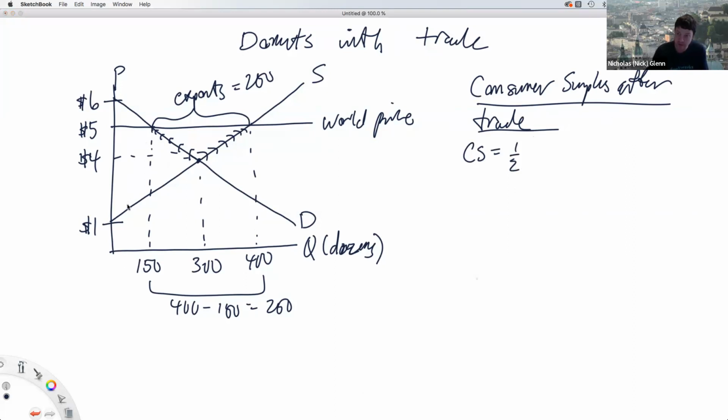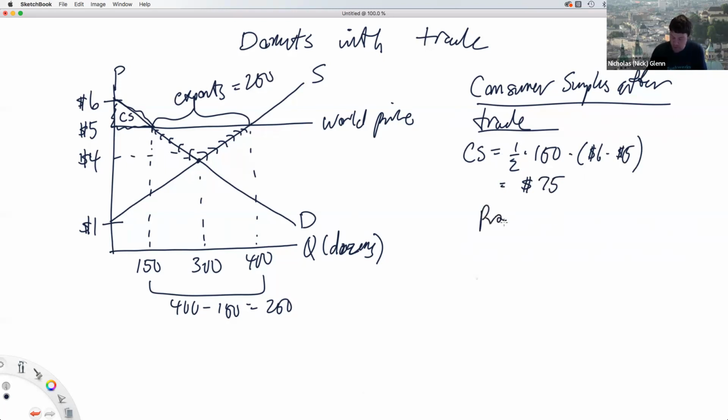Here we're looking at domestic consumer surplus. It's just this little section right here. With this higher price, not many are willing to pay for it. And so as a result, this is only going to be 150 for the base. What about the height? Well, it's just 6 minus 5. So that's $1. $1 times 150 is $150 times 1/2. $75 for the consumer surplus after trade.